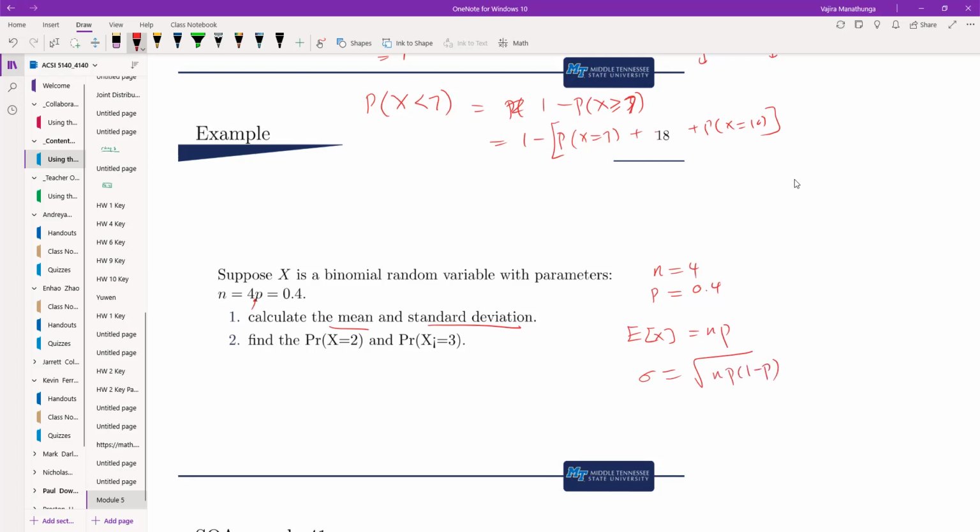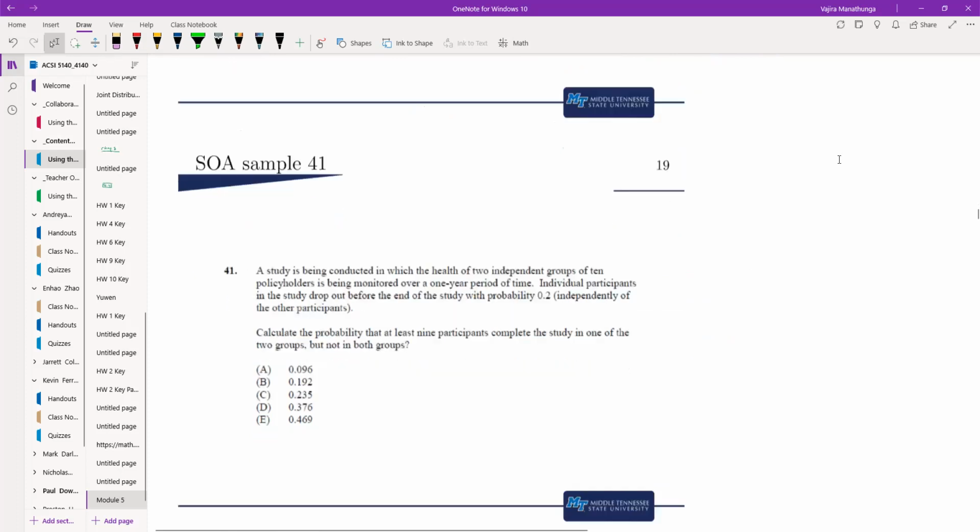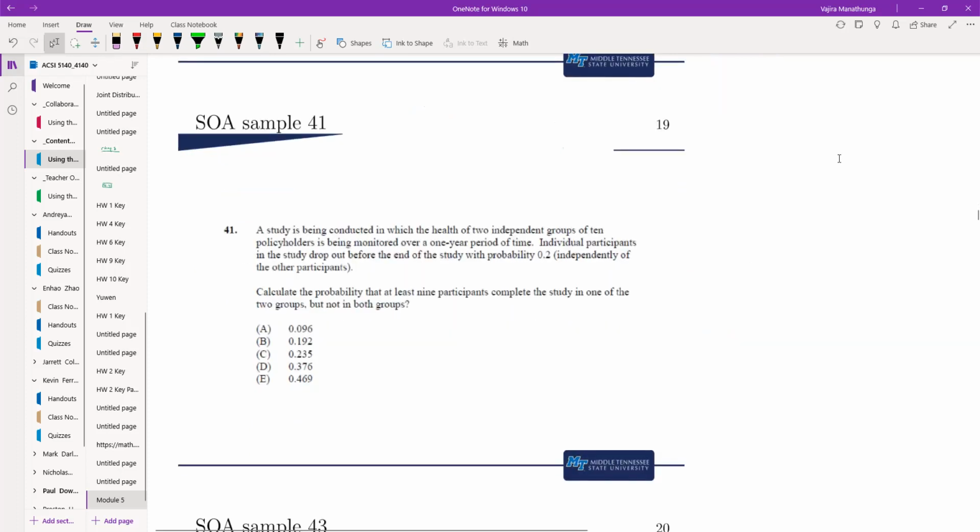So these two you can do. Use the formula. Okay, let's do 2 problems, maybe 1 problem, and then the rest I will leave. You can try, and if you don't know how to do it, you can ask in the discussion board.